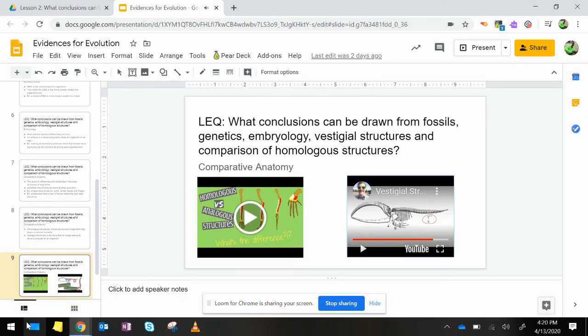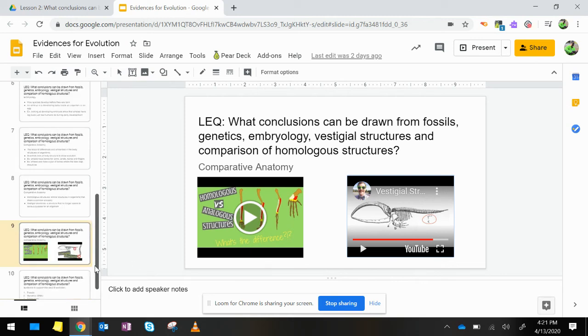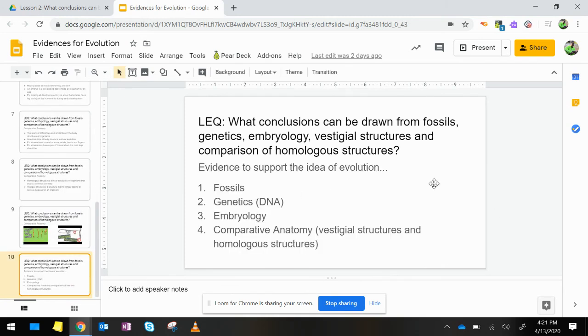All right, so those are homologous and vestigial structures. So when we look at these, if we just kind of review the evidence to support the idea of evolution, we have fossil evidence, we have genetics and DNA evidence, we have embryology and comparative anatomy, comparing similarities and differences with organisms' body structures.